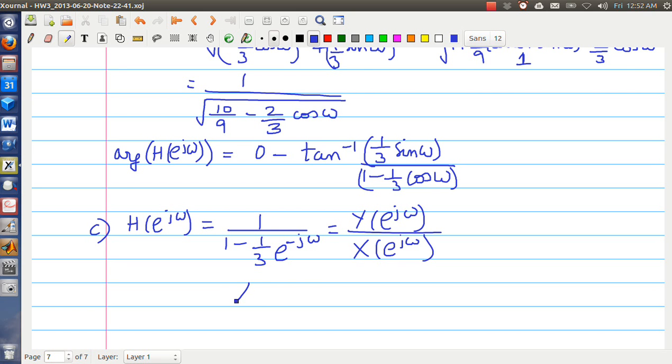So that means X e to the j omega equals Y e to the j omega minus 1/3 Y e to the j omega e to the negative j omega.